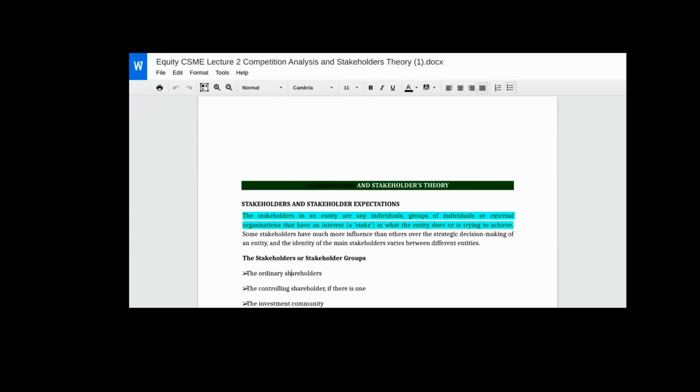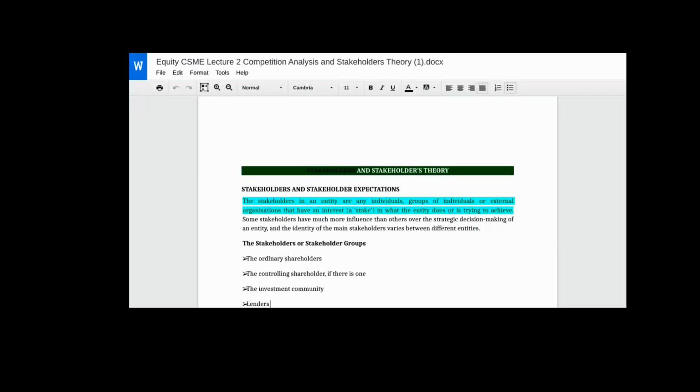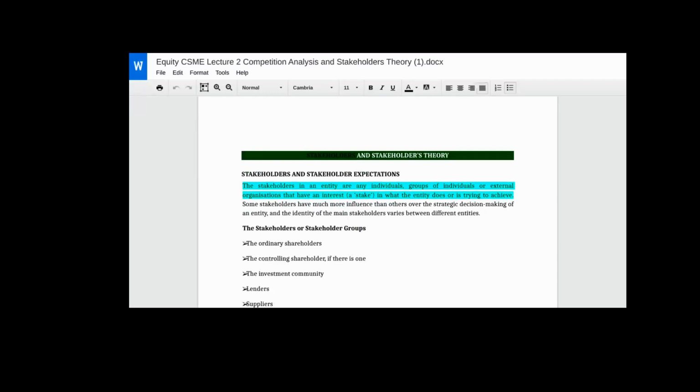Without grouping them, generally, the stakeholders comprise of one, the ordinary shareholders, two, the controlling shareholders, these are the people that have the major share, the investment community, the lenders. The lenders can be a microfinance, financial institutions, anchor borrowers, the suppliers that we equally call vendors. They are stakeholders to the company.